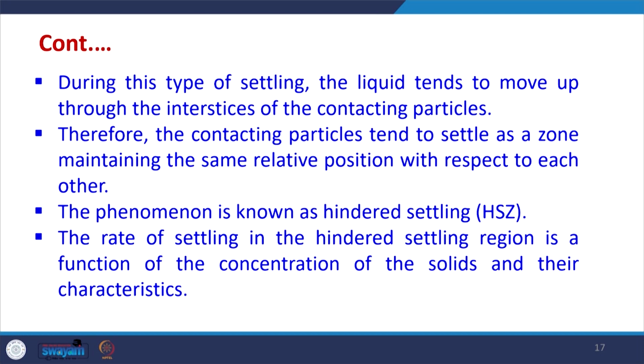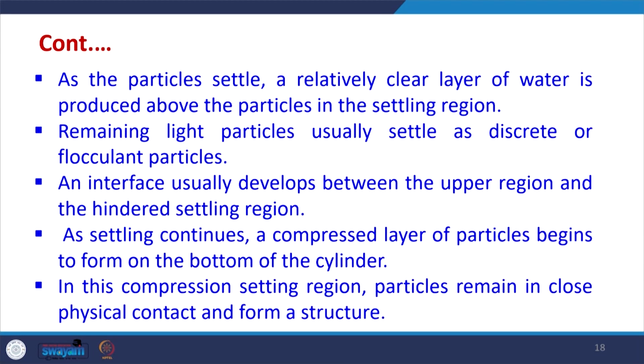This overall settling in a highly concentrated slurry is called hindered settling, and the rate of settling in the hindered settling region is a function of the concentration of solids and their characteristics. Both are very important, but concentration is more important. The higher the concentration, the more the rate of settling will vary.